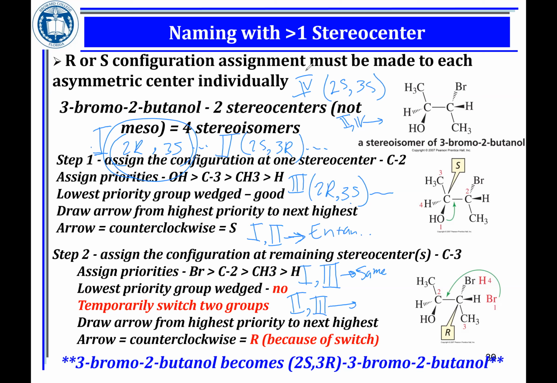So it must be diastereomers. So if the configuration changes completely, opposite in every location, it is going to be a pair of enantiomers. If one changes but the other one doesn't, it's going to be diastereomers. If all change, it would be enantiomers. If one doesn't change, it would be diastereomers. If none change, it's going to be the same compound.